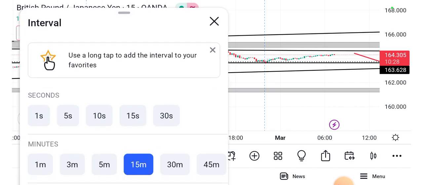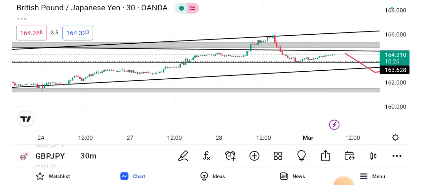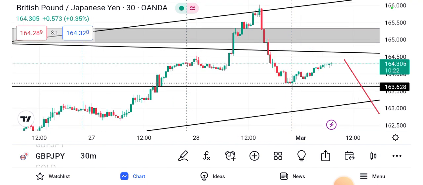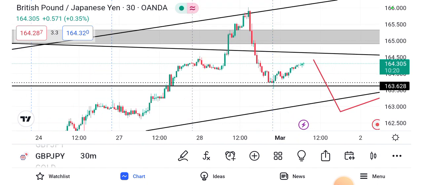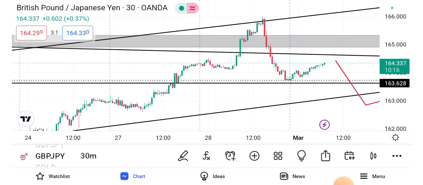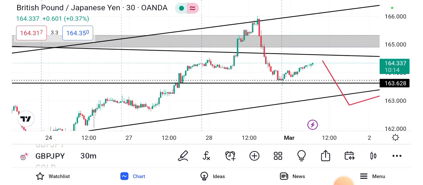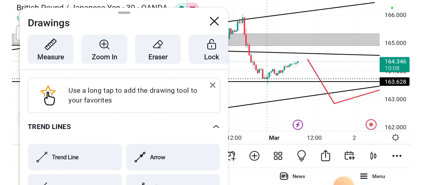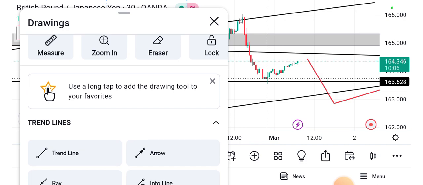I'll go to 30 minutes, right guys? So now the pattern is actually clear to see, right? What I'm seeing right here is something like a head and shoulders, right guys?